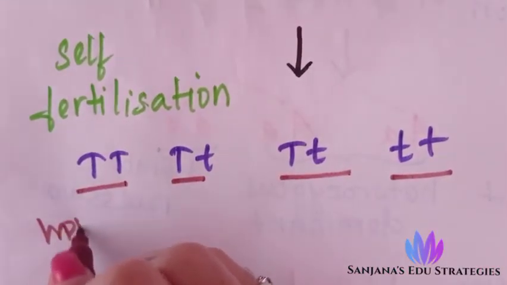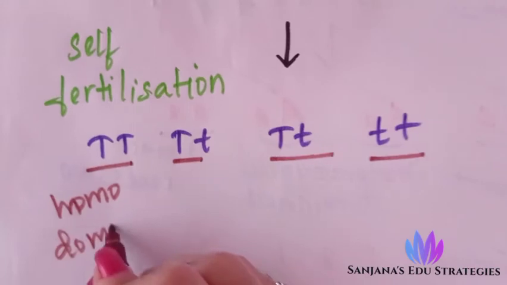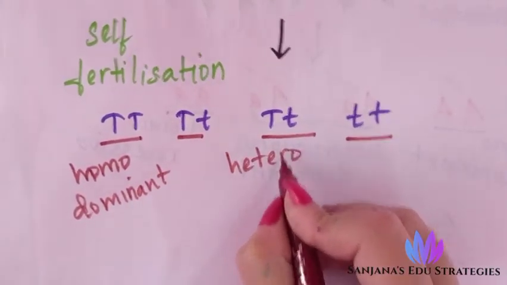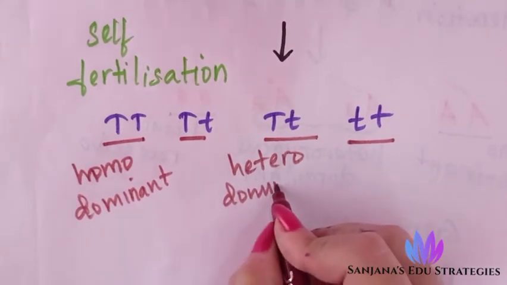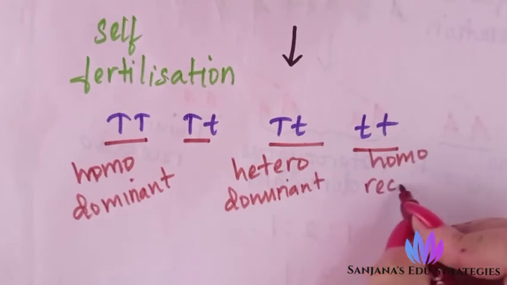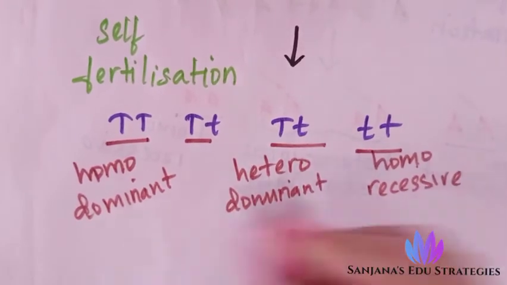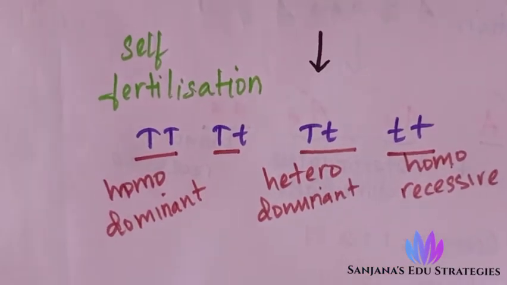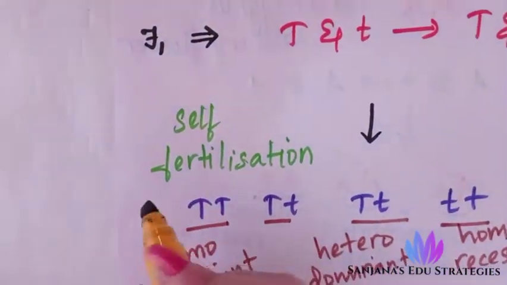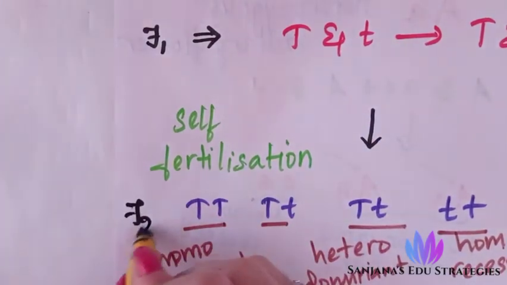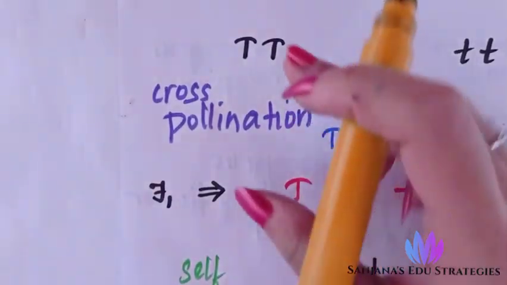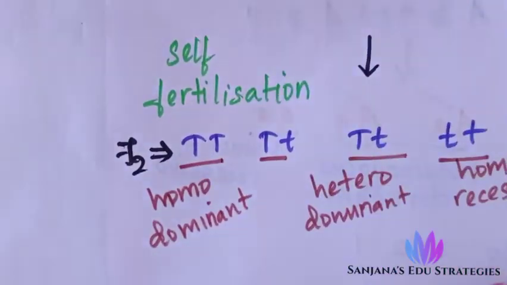Now, see children, this is the F2 generation. Just like F1, in the same way this is the F2 generation. We got the F2 generation by self fertilization, and the F1 generation by cross pollination or cross fertilization.